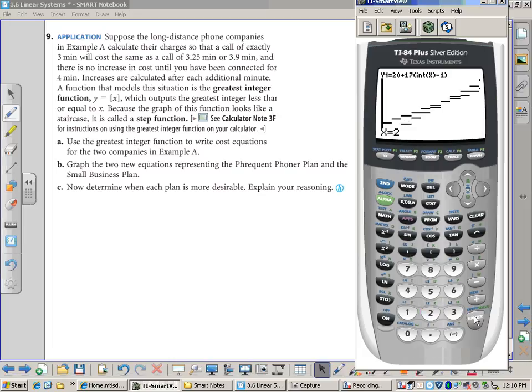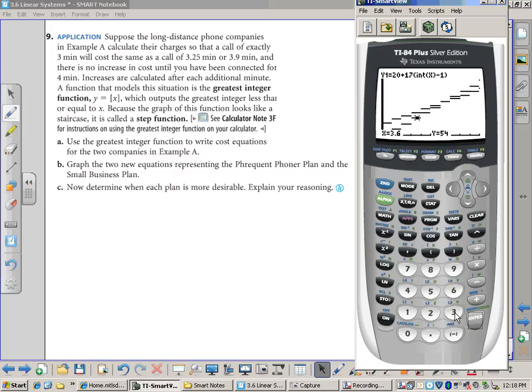If I talk for 2 minutes and hit enter, I would get charged 37 cents. If I talk for 2.2 minutes, enter, I get charged 37 cents. 2.6 minutes, enter, I get charged 37 cents. I don't jump up to the next dollar amount until I get past 3. Boop, the cursor jumps up. 3 minutes would cost 54 cents.